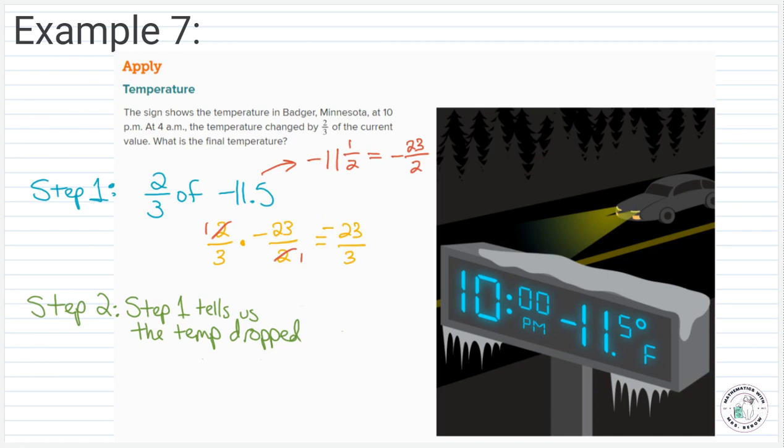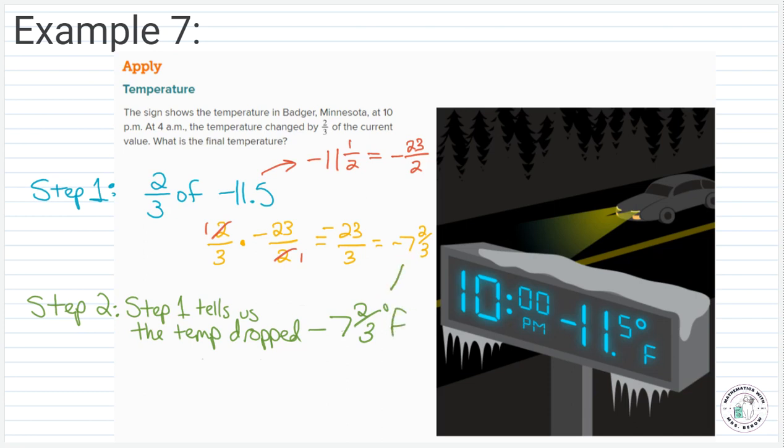And so negative 23 thirds, we can rewrite that as 3 goes into 23. That's going to be 7 times, so negative 7, and then 2/3. All right, so now we can go through and figure out the final answer. Now that we know that it changed by this 7 2/3, so negative 7 2/3 is what it dropped. So step one tells us that the temperature dropped negative 7 2/3 degrees Fahrenheit, right?